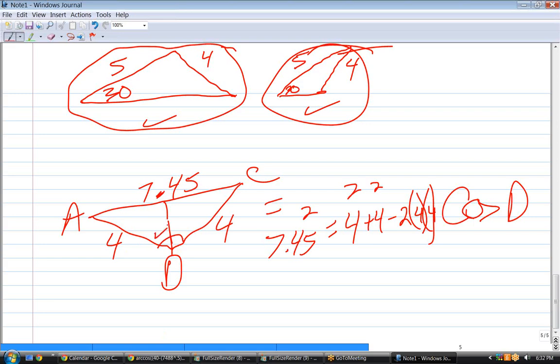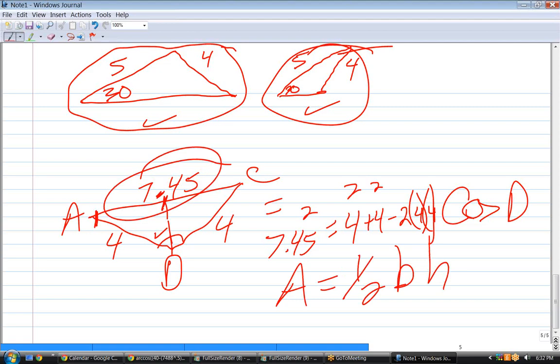So this is half of D. Once you know that, you also know that this side right here is half of 7.45. And you can solve for this altitude, and then you know the base and the height of that triangle, so you'll be able to calculate the area of it. Using area 1/2 base times height. Base is going to be 7.45. Height is going to be whatever this altitude comes out to be.